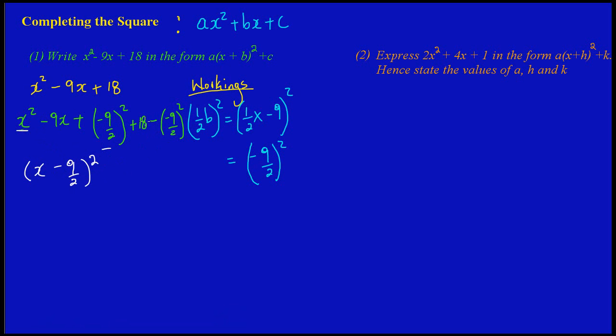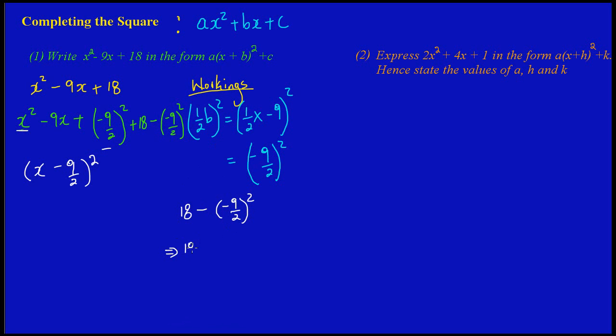Now I have my constant here to calculate. Basically this is pretty easy. I have 18 minus negative 9 over 2 all squared. Let us calculate this quickly.